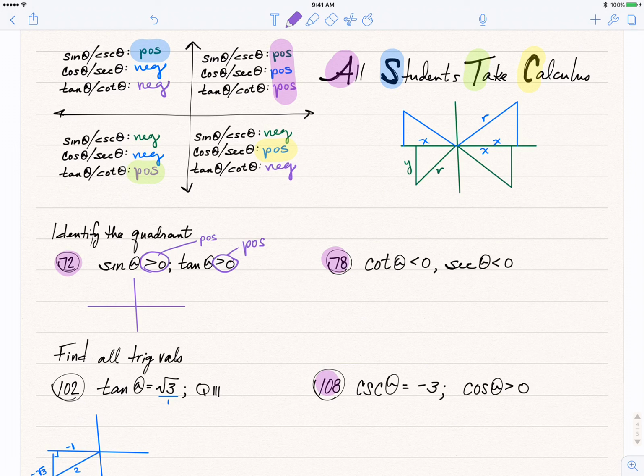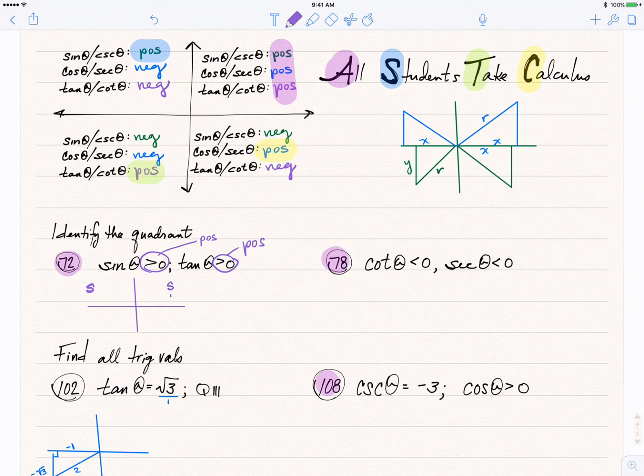Well, where is sine positive? Well, that's going to occur in the first quadrant because everything's positive in the first quadrant. And it also occurs in the second quadrant because sine is a y value. So these are the two quadrants where sine is positive. Now let's go find the quadrants, and there are more than one, the quadrants where tangent is positive.